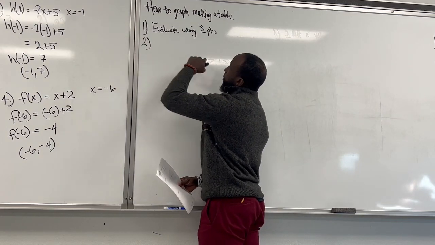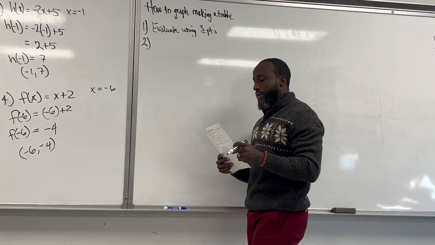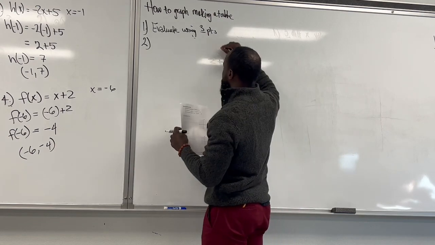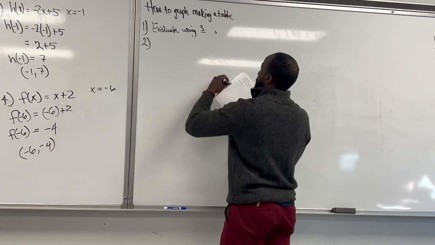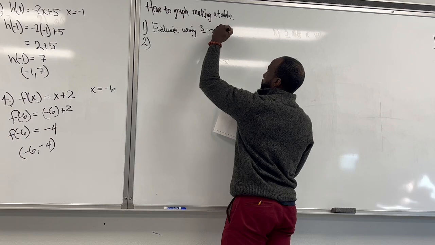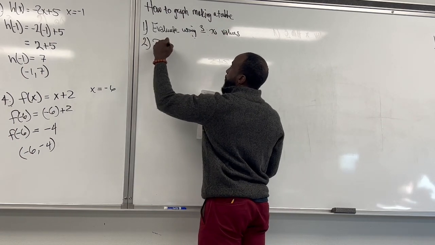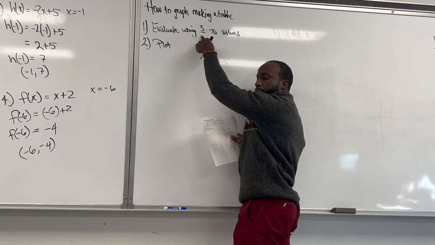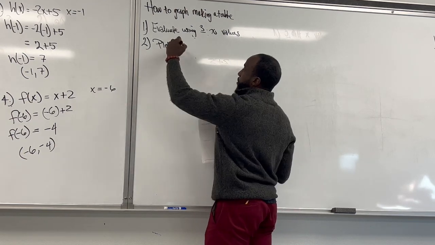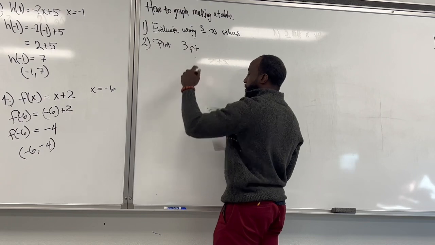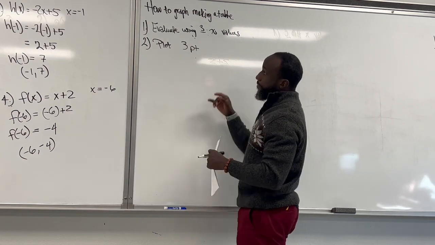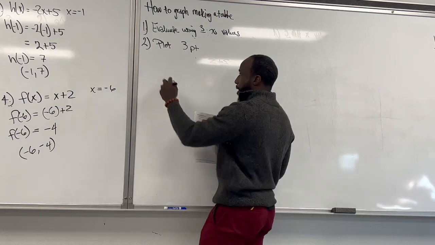Using 3 different x values, right? So not 3 points, 3 x values. 3 input values, right? Then you're gonna plot. When you put in 3 input values, you get 3 output values. So then you'll have 3 points. So you plot the 3 points that you found from step 1 from our table, right?